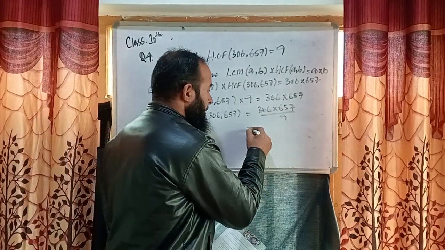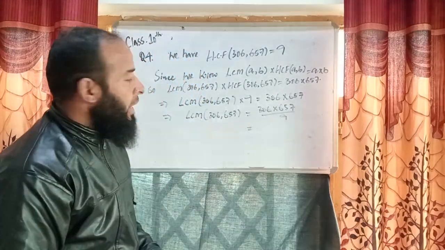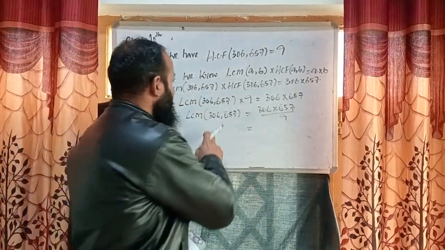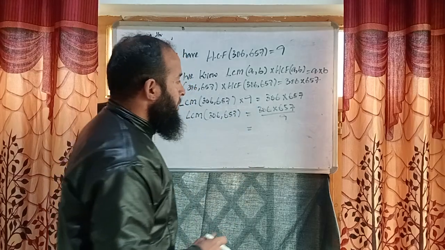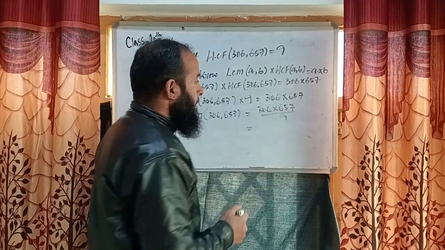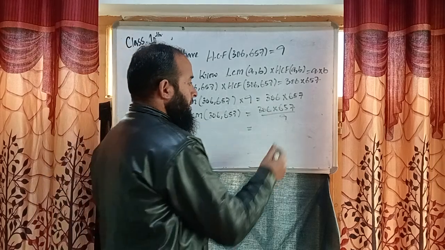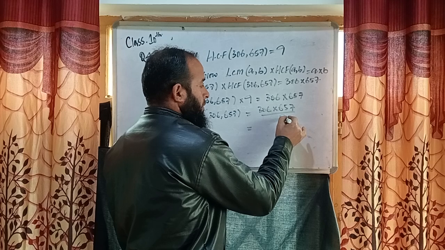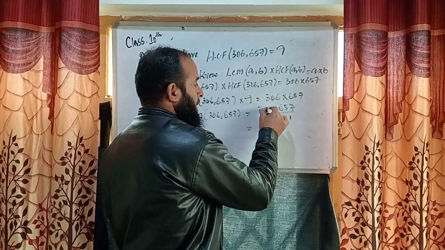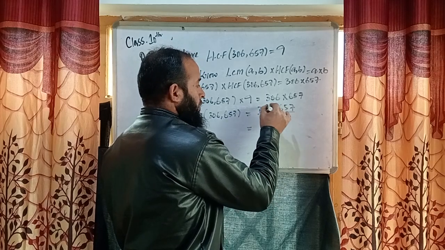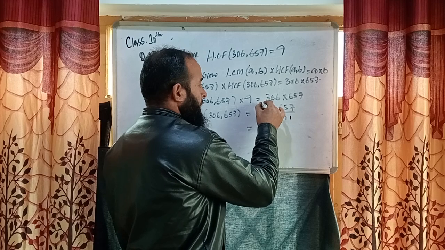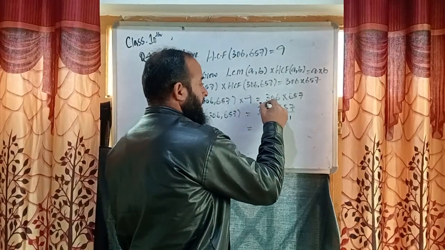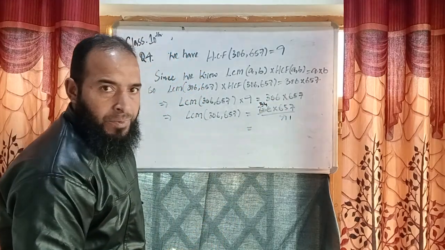So now, after calculating this, we can easily find the LCM. Now see, it is 9, 9 ones are 9, 9 threes are 27, and 9 fours are 36.